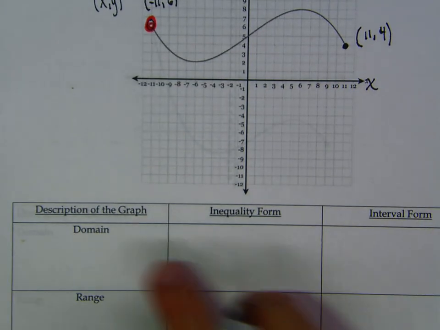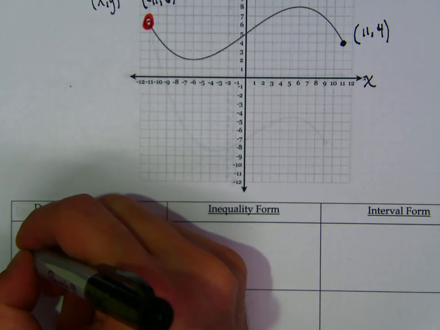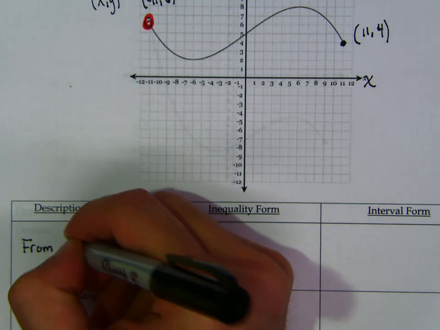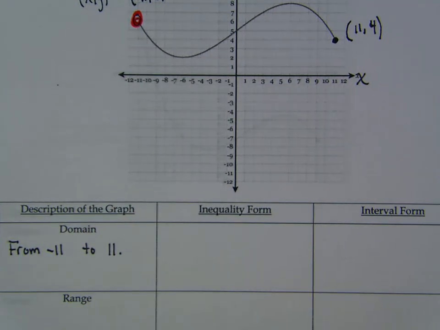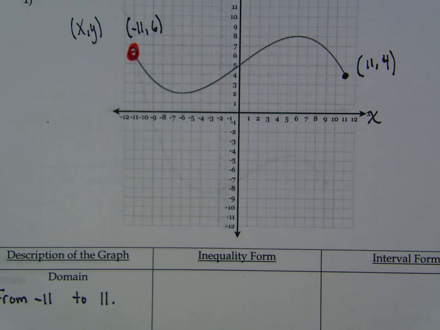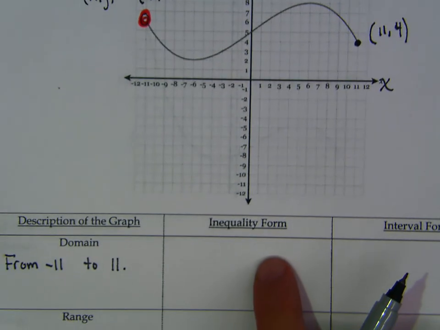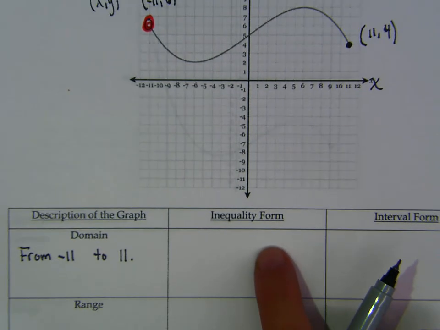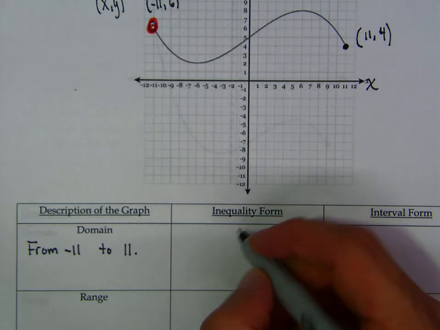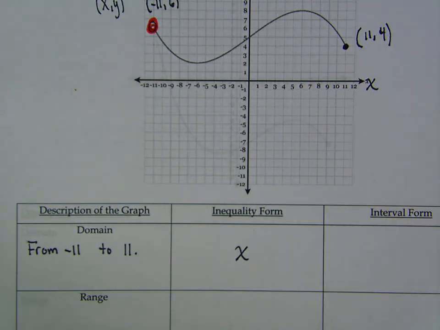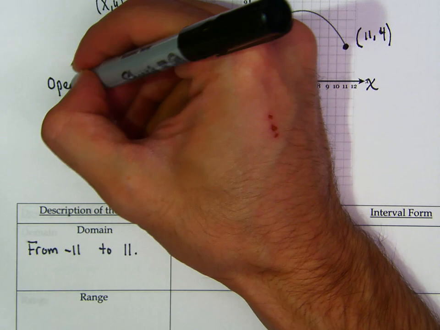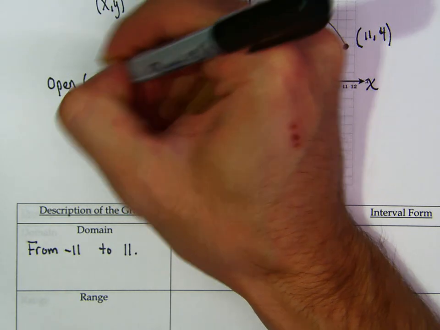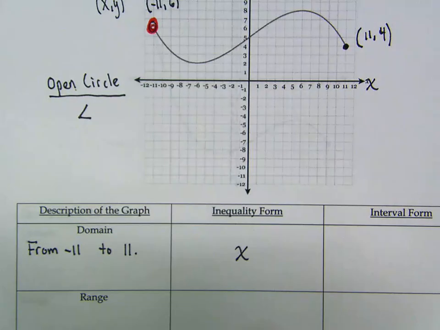So let's write here for domain, from -11 to 11. But the first way we are going to show this is as an inequality. We're going to say that x is in the middle, and notice that an open circle implies less than.